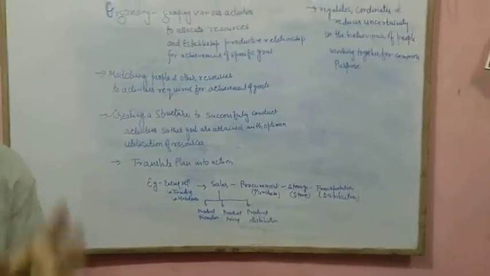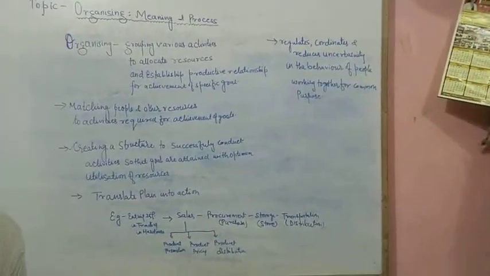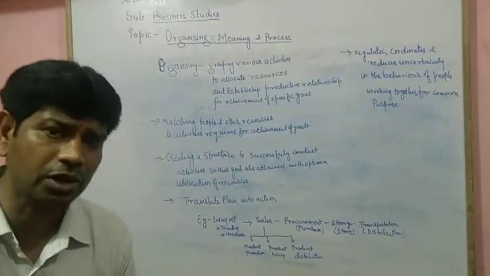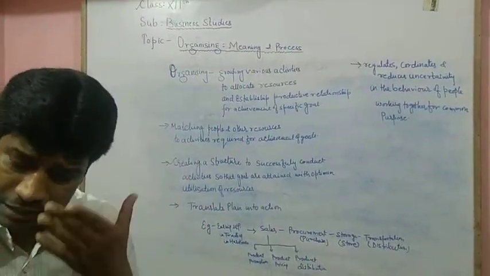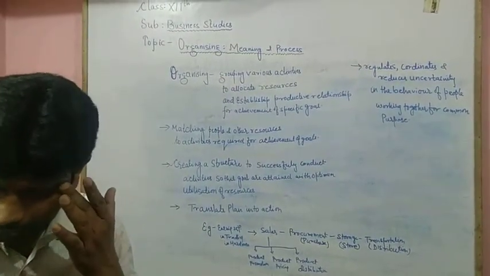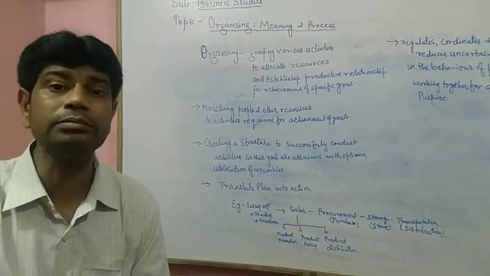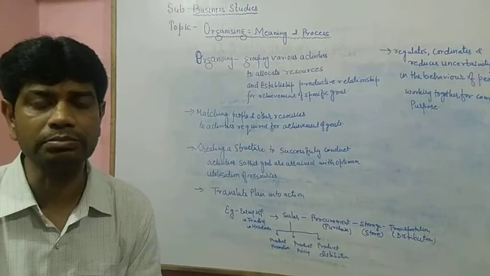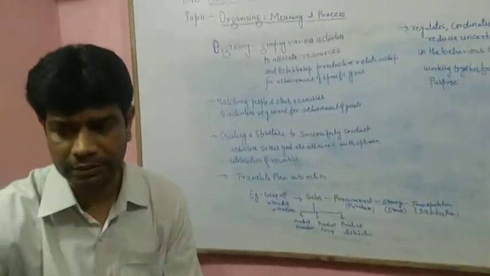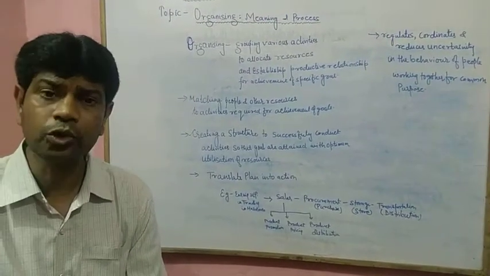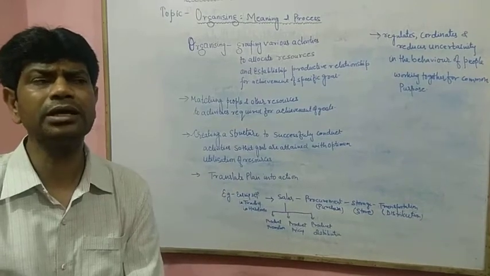First of all, it identifies. Now this definition points out the entire process of organizing. It says that organizing is a process of identifying and grouping the work that is to be performed in an organization, and then those work are to be grouped.